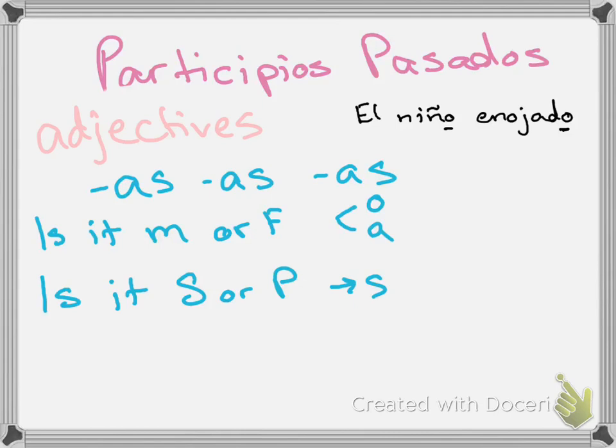But if I change this to niña, then it's going to be la niña enojada. If I change it to plural, if I change it to las, then it would be las niñas enojadas. That's my as rule, right? So I've got as. I need to ask myself those things to correctly use it as an adjective.